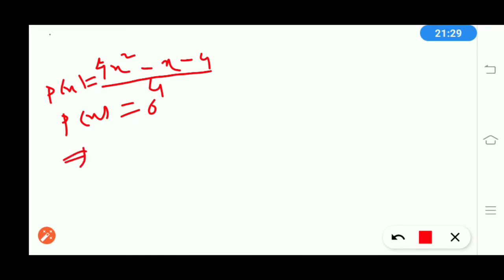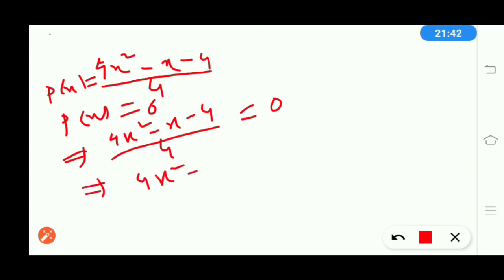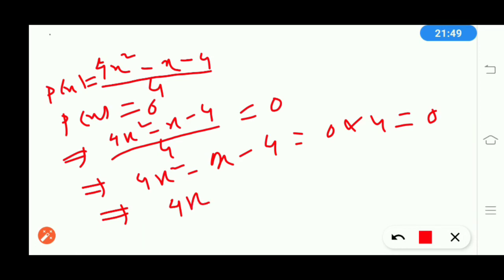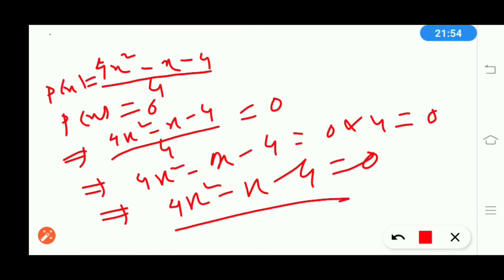So that means 4x square minus x minus 4 divided by 4 equals 0. So it implies 4x square minus x minus 4 equals 0 into 4, so equals 0. So that means 4x square minus x minus 4 equals 0. So that's why we neglect the constant term which is present in the denominator. Clear? I think we have no problem.